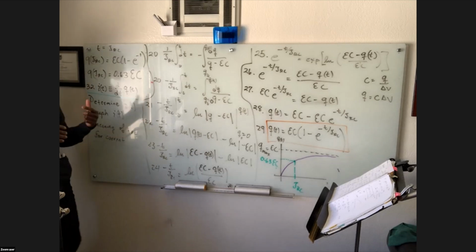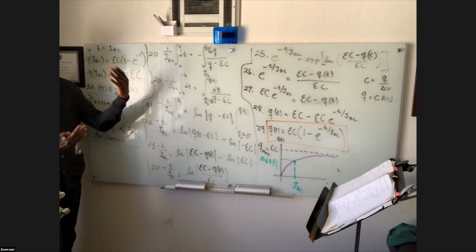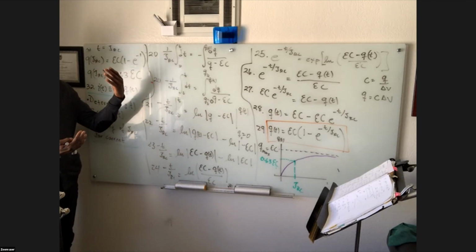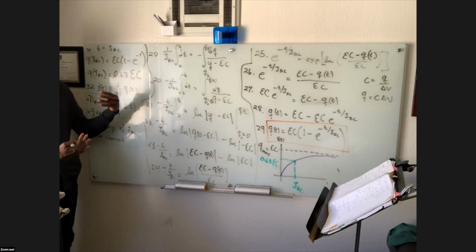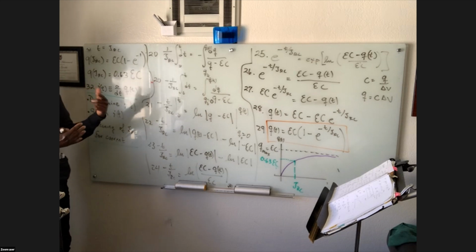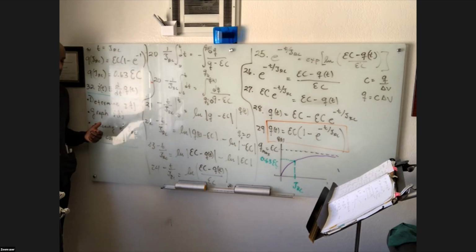Remember, we said that the reason current stops is because the opposite polarity of the capacitor versus the battery causes them to work against each other. That's why, once the capacitor is fully charged, the current will stop. Go back and look at the notes on that. I think in the lecture on capacitors I had some question and answering about that.